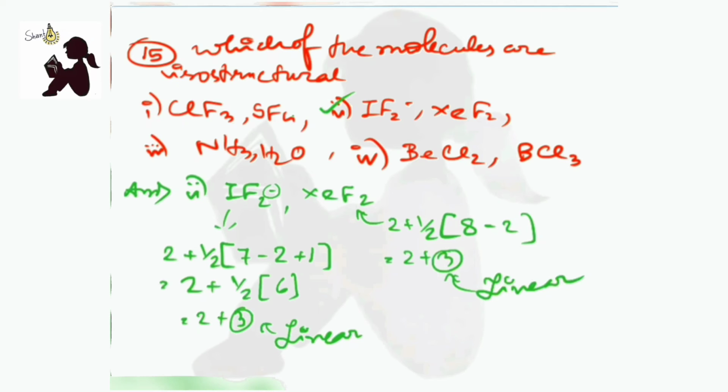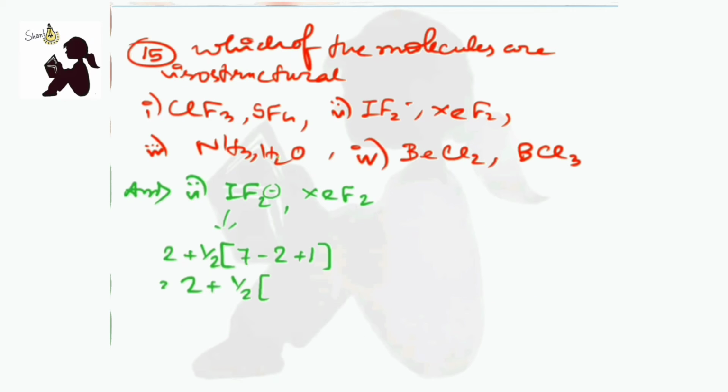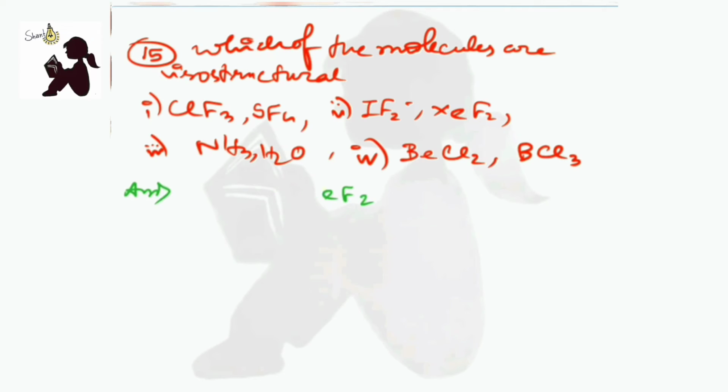Now from the removal technique, we don't have to do the other two, because only one option is correct. So if we got the second option correct, we don't have to do the other two, but I am going to show you nevertheless. Let's see the third and fourth also, but they will not be isostructural, because we know that only one option is correct. So of course the second option will be the one. Let's see the third.